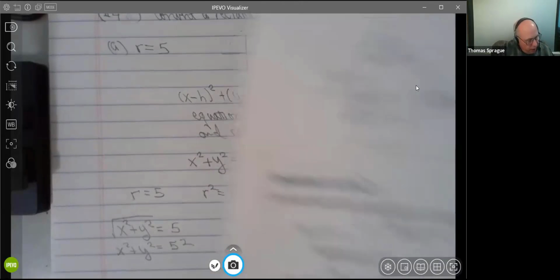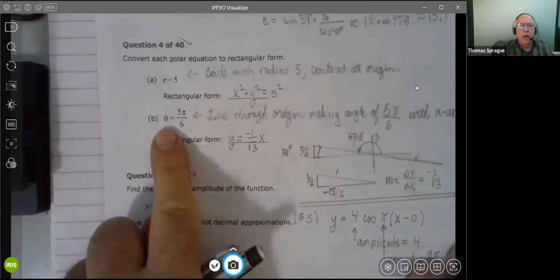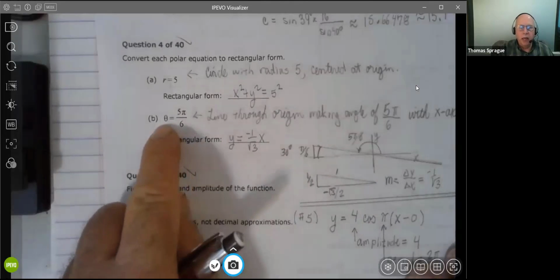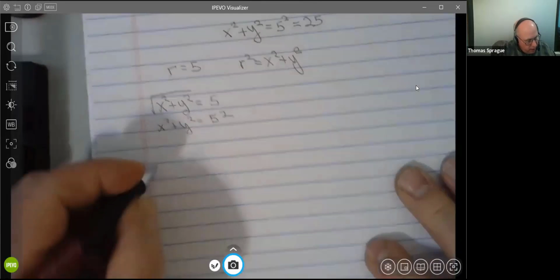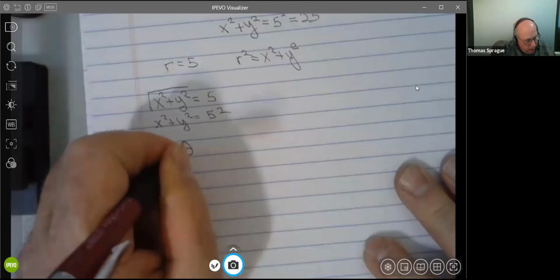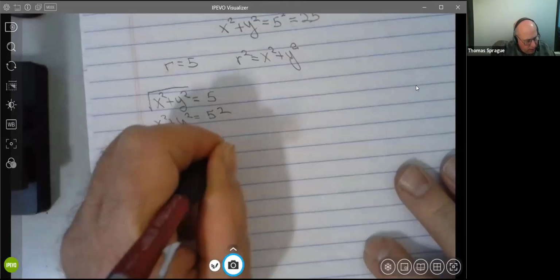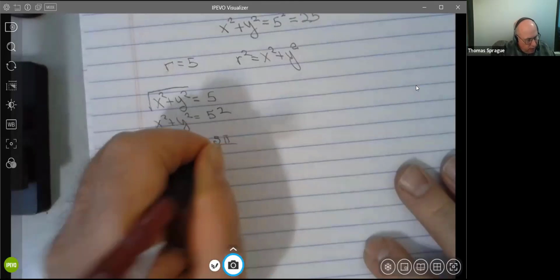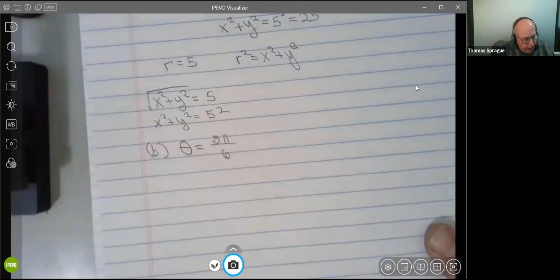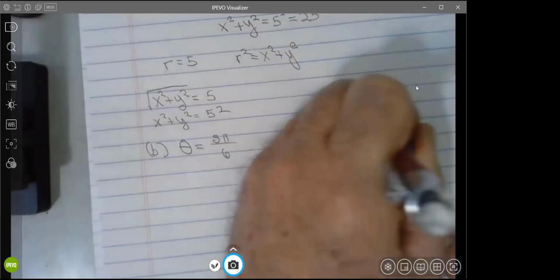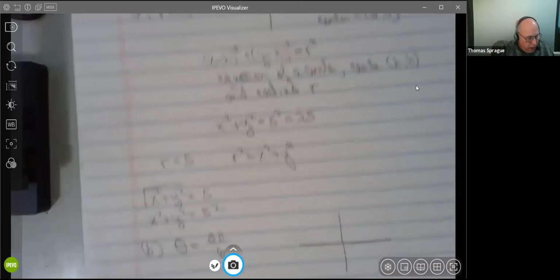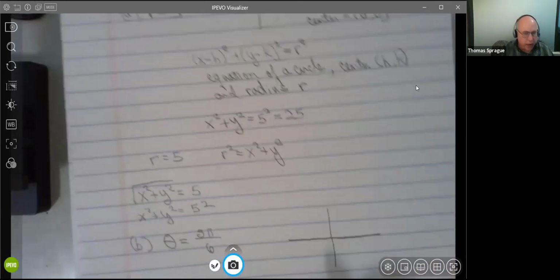Part B says the equation is theta equals 5 pi over 6. So the idea is, how did you get 52? I don't have 52, I have 25.